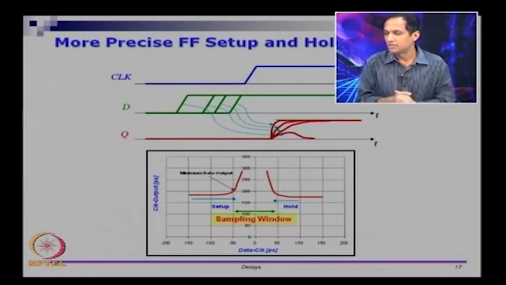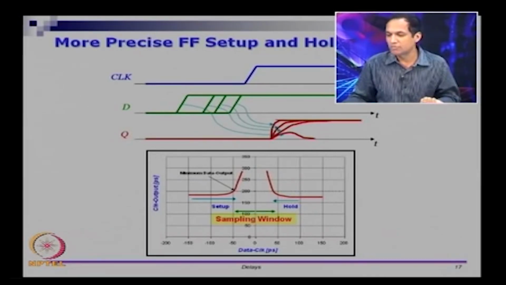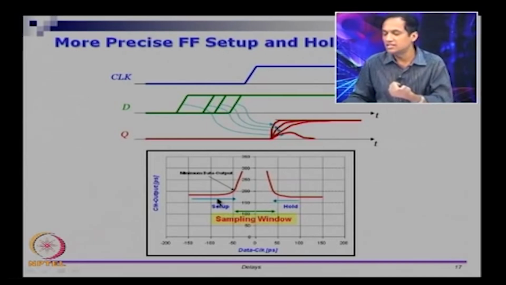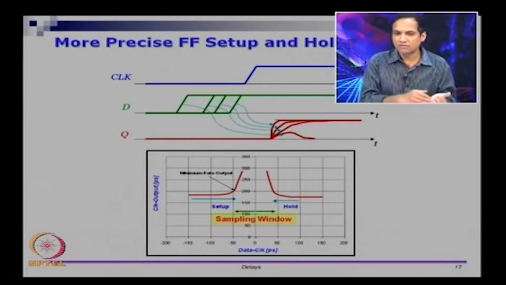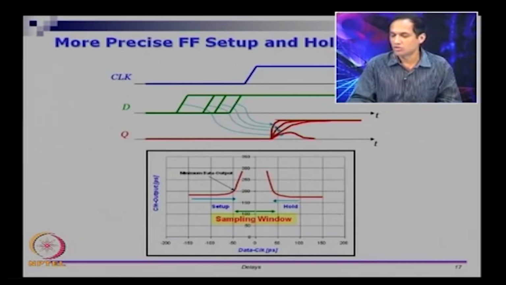What we want from a flip flop is a bistable device, either 1 or 0. But in the sampling window, if you change the input waveform, then the clock to Q delay will become very high. You may not have 1, you may not have 0, the circuit may go into what is called a metastable state.